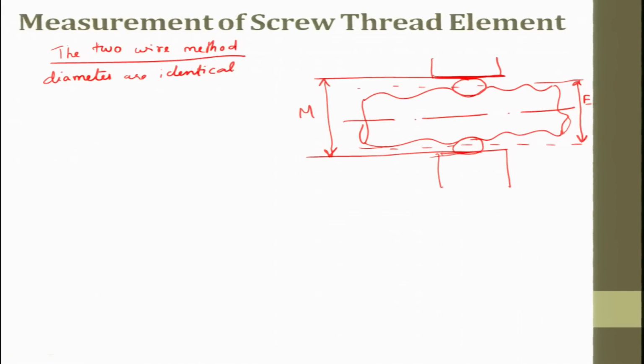You can't take varying diameters. These two identical diameters are placed and they have to be in contact with the screw thread.